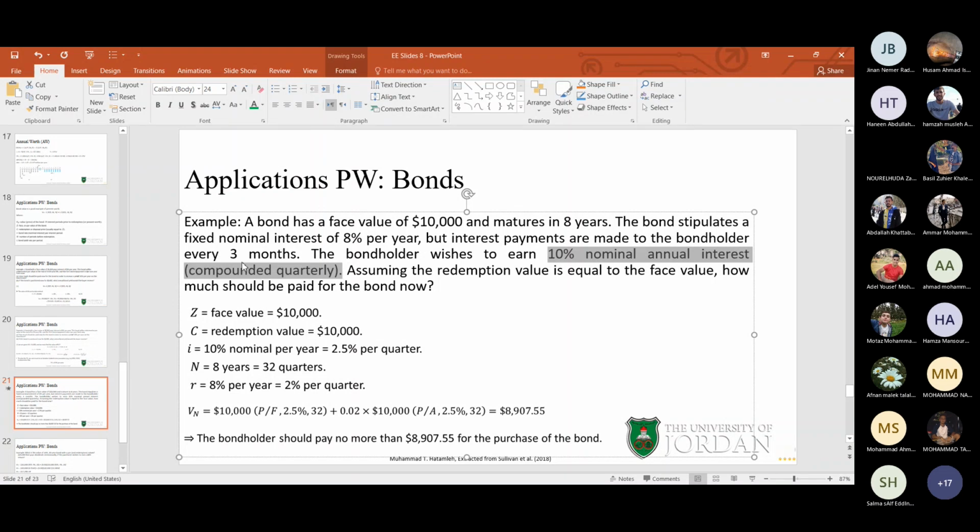And if you remember from the beginning of chapter 4, I always stressed that the interest rate and the interest period should always have the same unit.